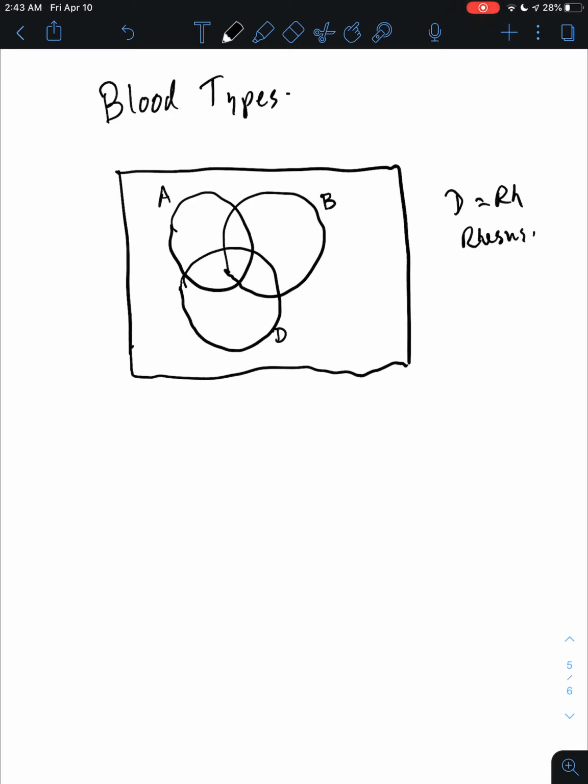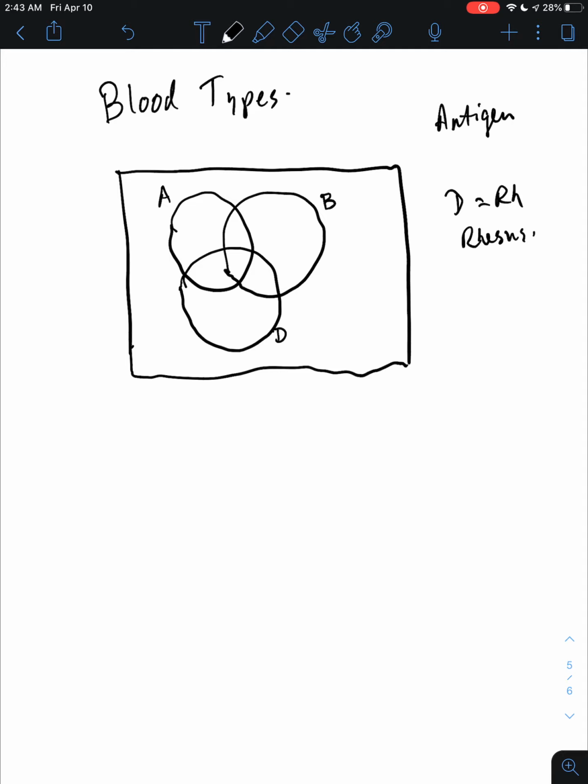And so people with A factor or A antigen in their blood have a certain type of immune response, and people with B antigen have a different immune response, and some people have both, and some people have D and not D, and so on. You can actually get any combination of these different factors in your blood. But it's usually not expressed in that manner.